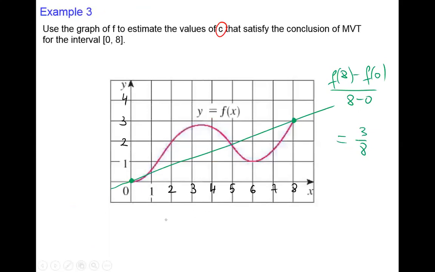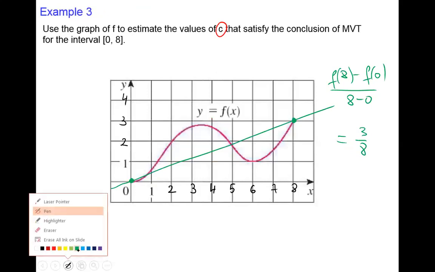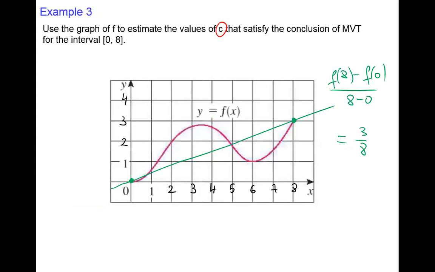Now we're looking for the value C. The function definitely satisfies the condition that I can draw a tangent line at that C, and the tangent will be parallel to that green line. Do you think somewhere here?